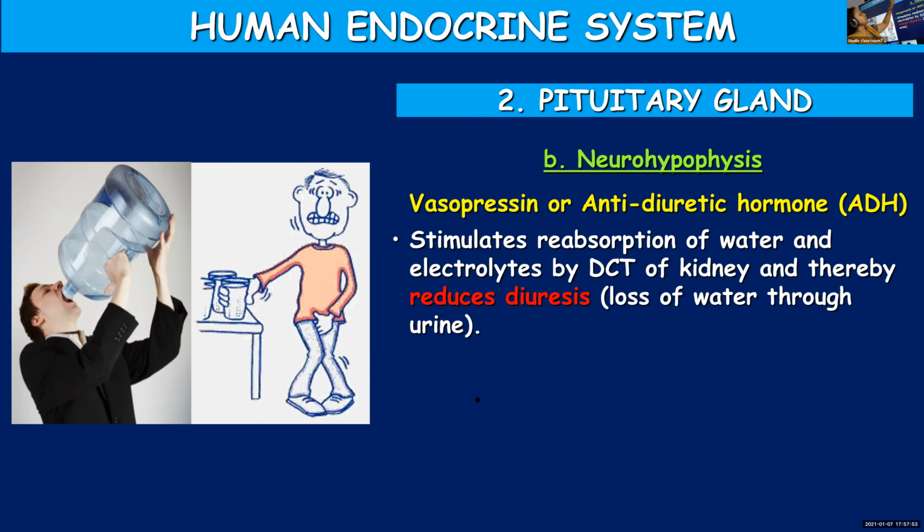Antidiuretic hormone, or vasopressin, will promote the reabsorption of water and electrolytes by the distal convoluted tubule of the kidney.